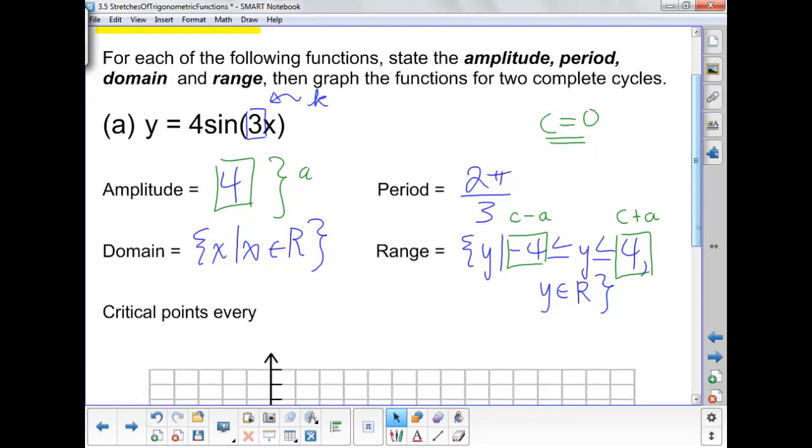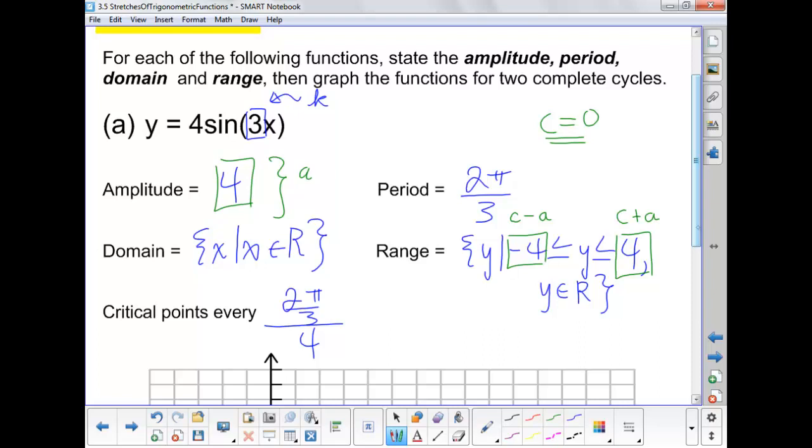Okay. Now one other thing we need to be clear on before we decide to graph the function is how far apart our critical points are. Okay. Now our critical points are at every 1/4 of the period. So what I have to picture is, well, I know the period is now 2 pi over 3. So we're going to have 2 pi over 3, but I have to take 1/4 of that. Okay.